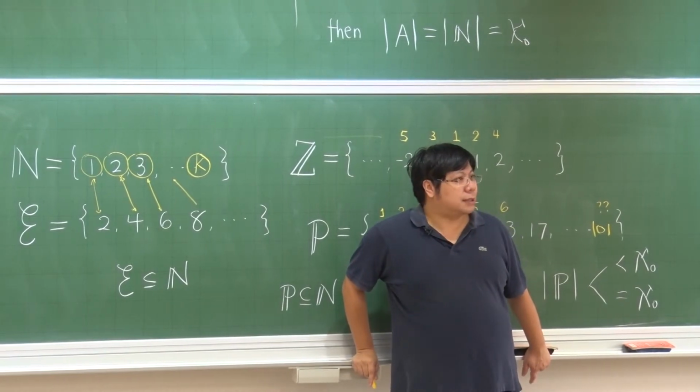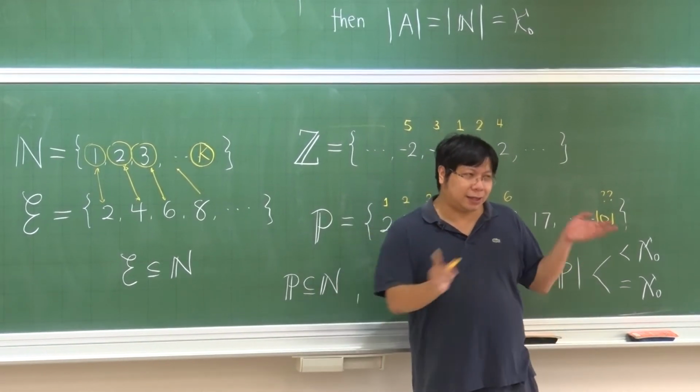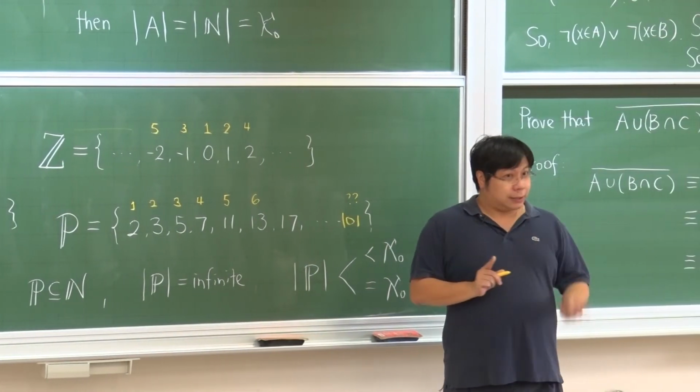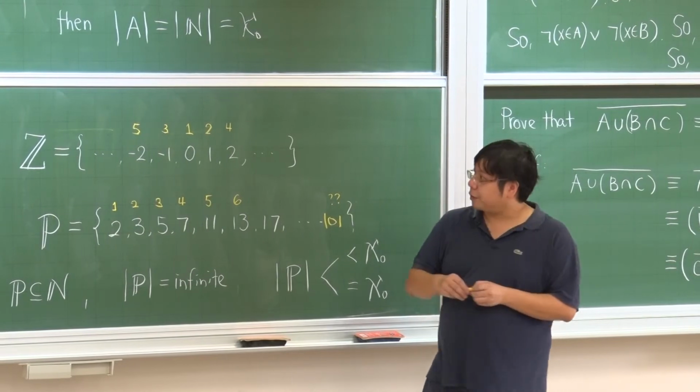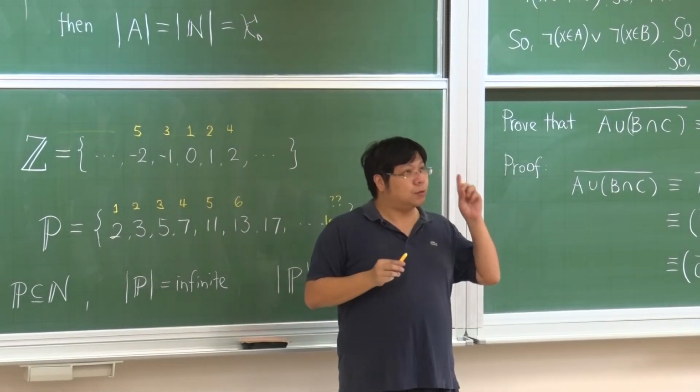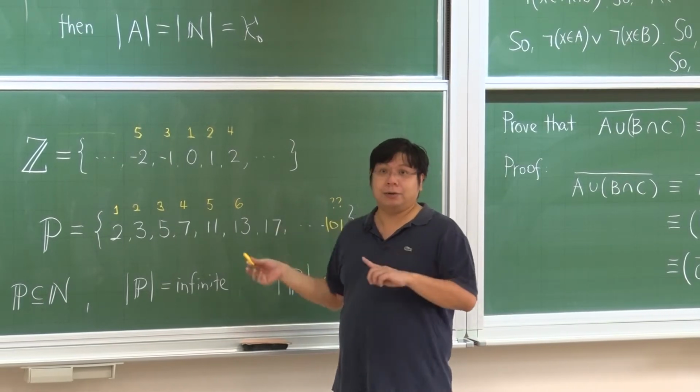Which correspondence is difficult to find? I think the correspondence is easy. It is easy because for this set, you can find a rule that lists out all the elements.